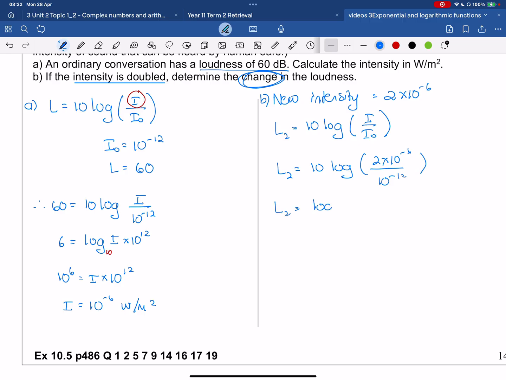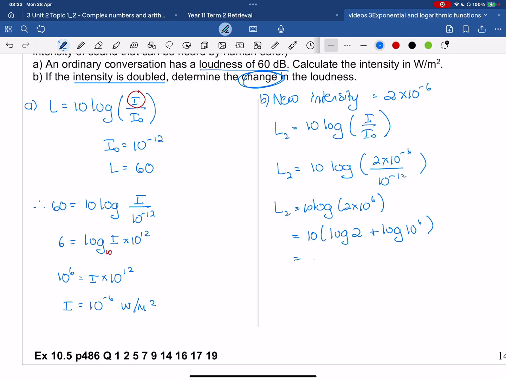And that's going to be 10 log of, I can simplify that to 2 times 10 to the power of 6. And that I can write as, remember when we're multiplying there, we can split them out. So 10 log 2 plus log of 10 to the 6.